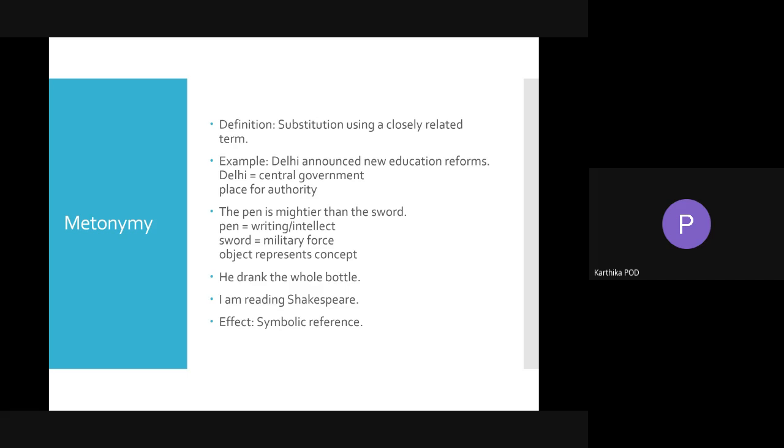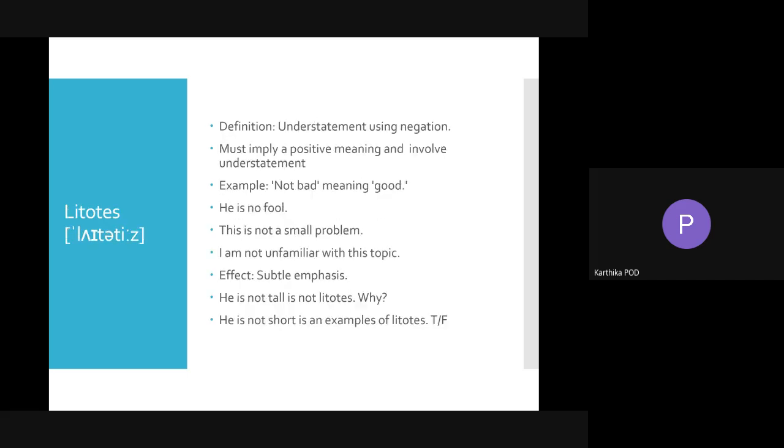Is it possible to read a person, particularly Shakespeare, who's dead and gone? No. But when I say I'm reading Shakespeare, I'm reading the work of Shakespeare. So here, the substitution for the work of Shakespeare is by using Shakespeare, that is closely related. That is the author.